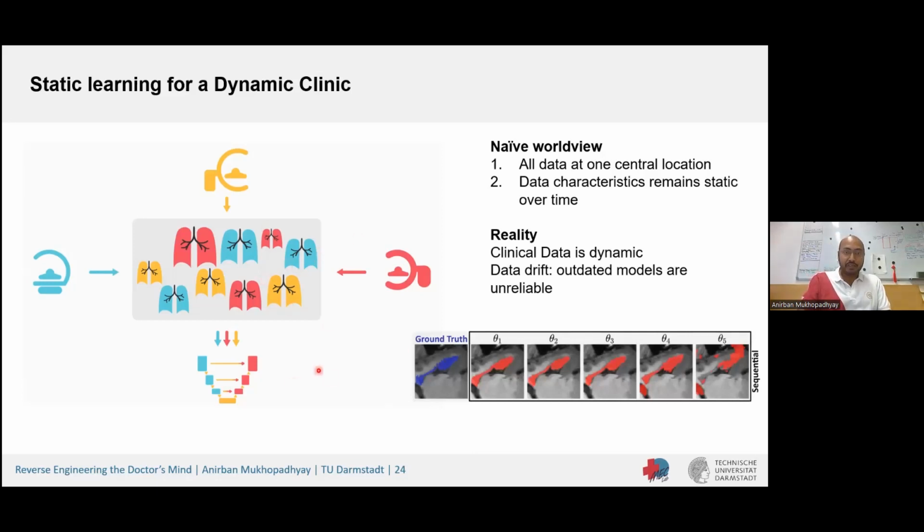One example of this is clinical data that is dynamic. For example, here is the ground truth of an MRI segmentation of the hippocampus, when you are using the segmentation model trained on data of this type. But as you see, as the data characteristics drift, the segmentation model deteriorates. And we really have this problem that outdated models are unreliable.